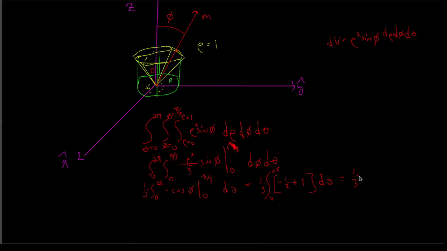That'll be 1/2. I guess I can do my integration now. So this will be 1/2 theta evaluated from 0 to 2 pi, or pi over 3.